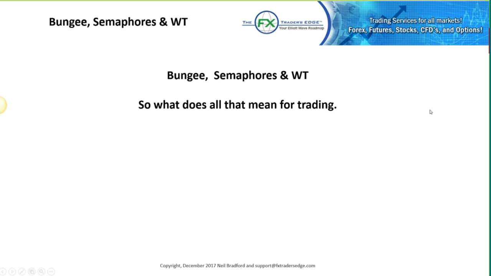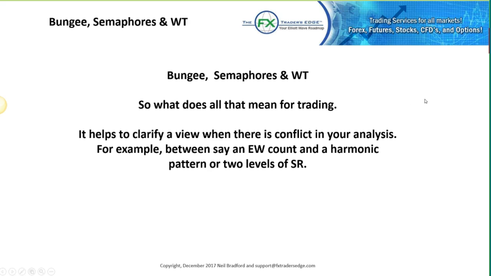So all that information we've just run through, going through some live charts, examining specific examples of wavy tunnel trades, what does it mean? It means when you see situations on the bungee and the wave and the tunnel and the semaphores, it can help you resolve a conflict in your analysis if you're not sure which way things are going.